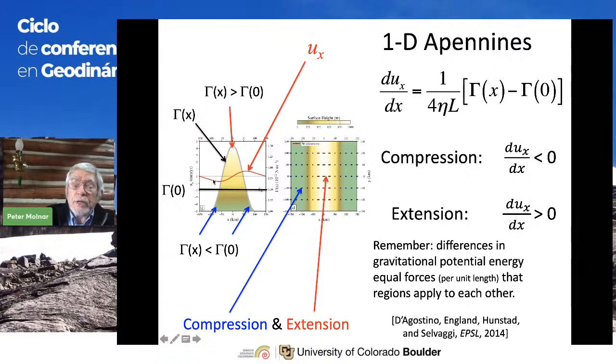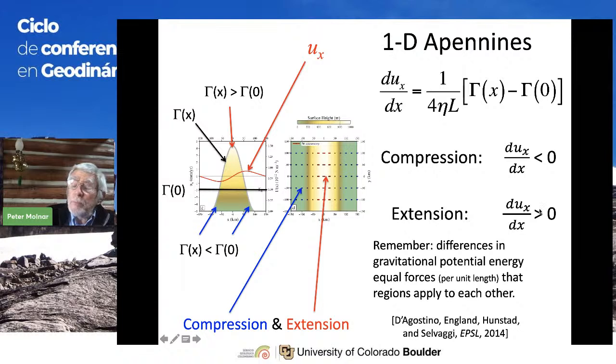So you'd be compressing this region. Then in this middle part in here, where x lies in this region between here and here, the potential energy is greater than the background potential energy.